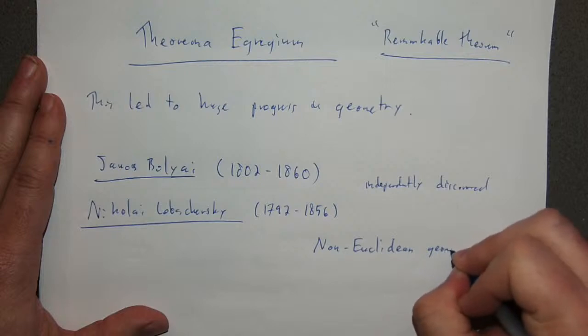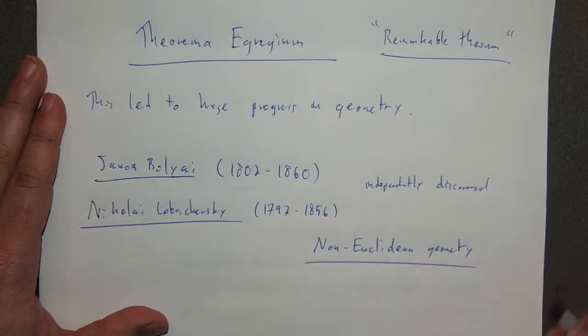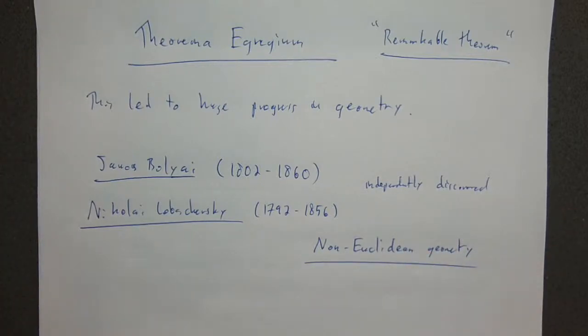So for historical reasons, as I said, spherical geometry, even though it had been known since ancient times, was never considered a non-Euclidean geometry, even though it very clearly is, because it was viewed as too weird. It sat right there in space.